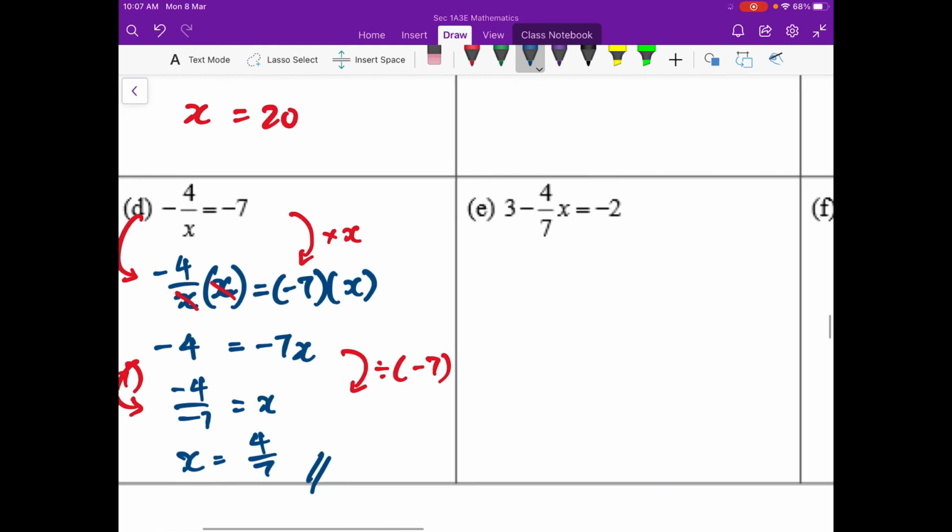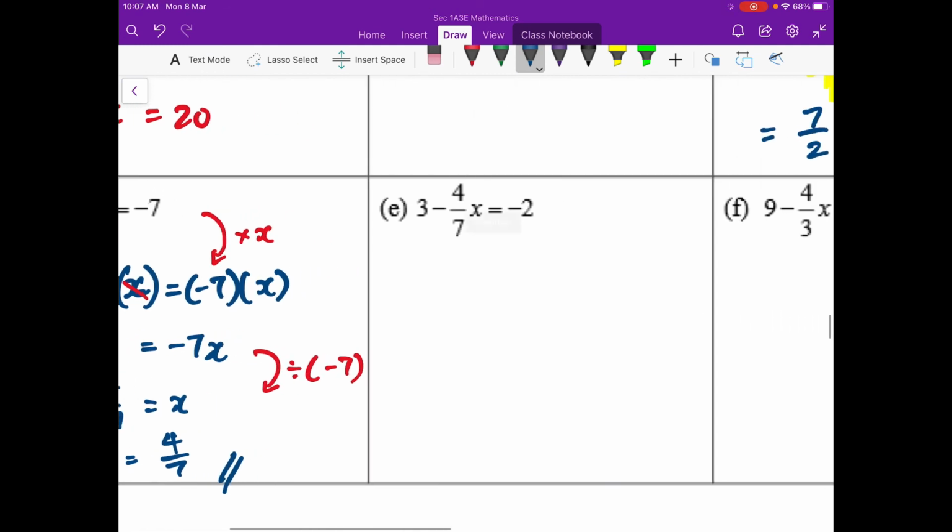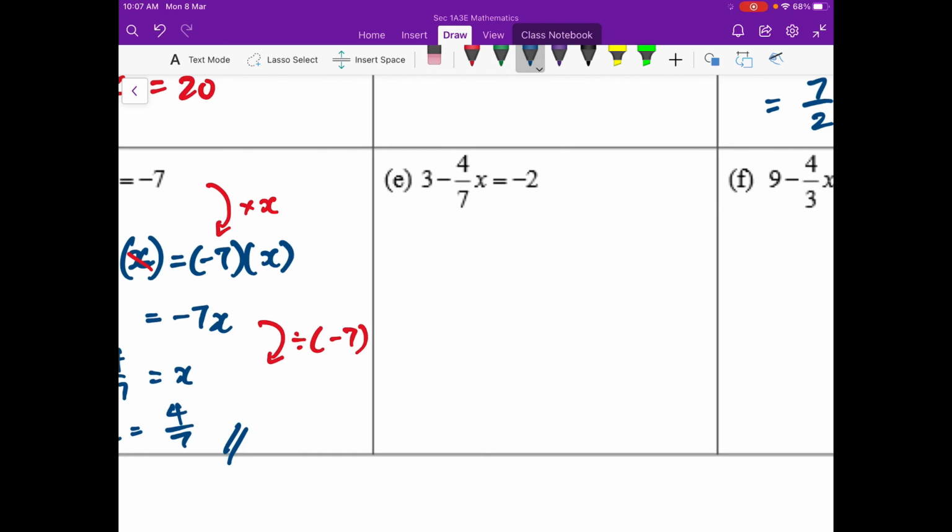Okay, part E now. What should we get rid of first? Is it remove the 3 or remove the negative 4 over 7 first? You have to remove the 3 first, because the x is attached to the negative 4 over 7. So you need to remove the 3 first, the outer side.